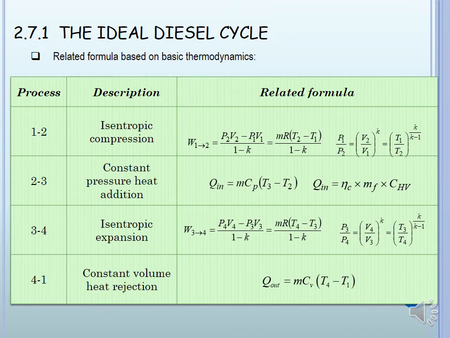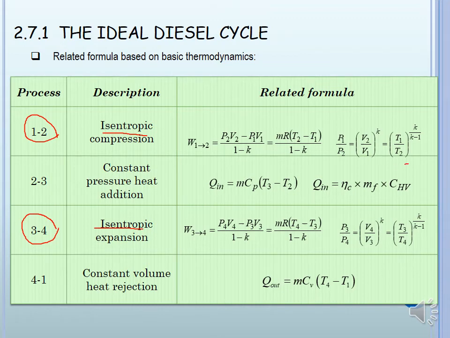Okay, in this slide, we can see a table, and in this table we will see the related formulas that will be used for each process to analyze our diesel cycle. Same as the Otto cycle, processes 1 to 2 and 3 to 4 are isentropic compression and isentropic expansion.